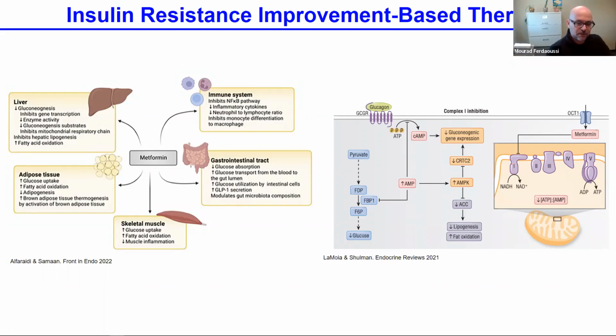And by reducing this activity of the mitochondria, there is a reduction of ATP production and an increase of the AMP level, which activates the AMP kinase, and the activation of the AMP kinase regulates the expression of the gluconeogenic genes. So metformin is still the best, cheap drug that can be used to treat diabetes.